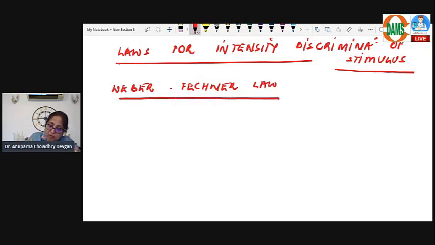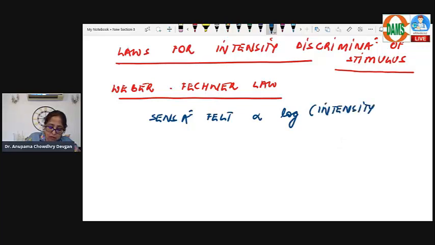Now, Weber-Fechner law states that the sensation felt is directly proportional to the log of intensity of stimulus. Whatever sensation we feel is not proportional to the intensity, but to the log of intensity of stimulus.